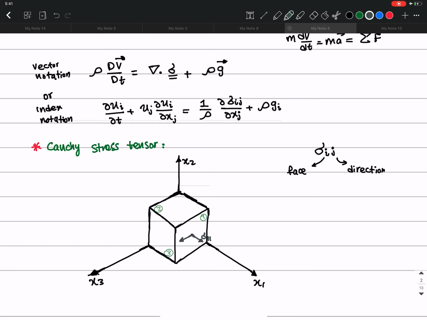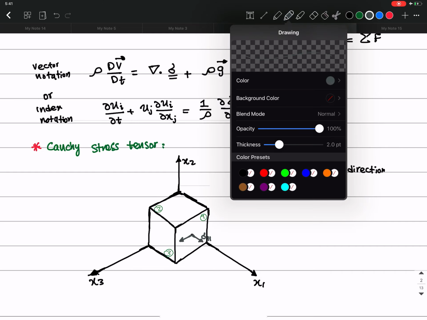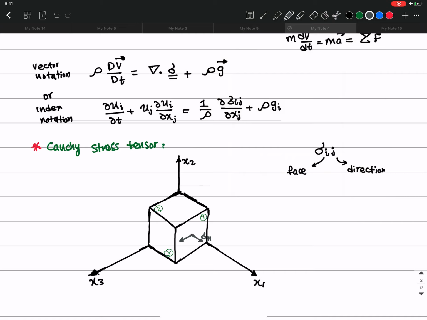Okay, so now we are in phase 1, but now the stress vector is toward axis 3, so this is going to be sigma 1 3, right?